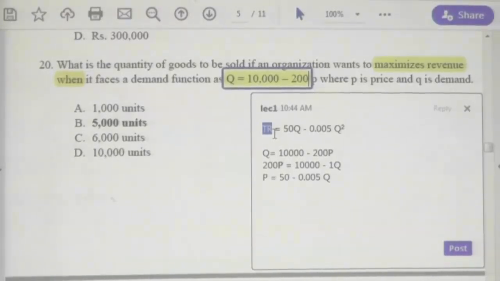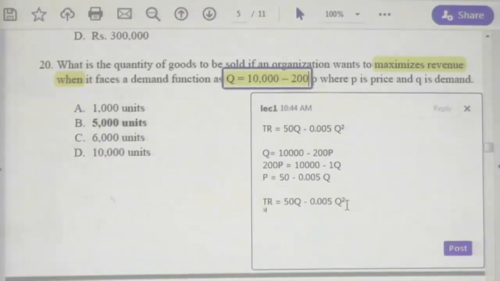How can we find the slope? To find the slope, you can differentiate this formula. Once you differentiate a function, that gives you the slope.